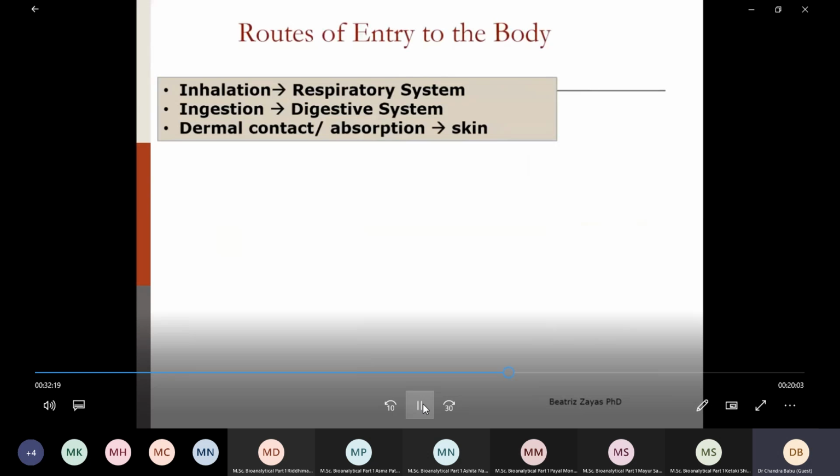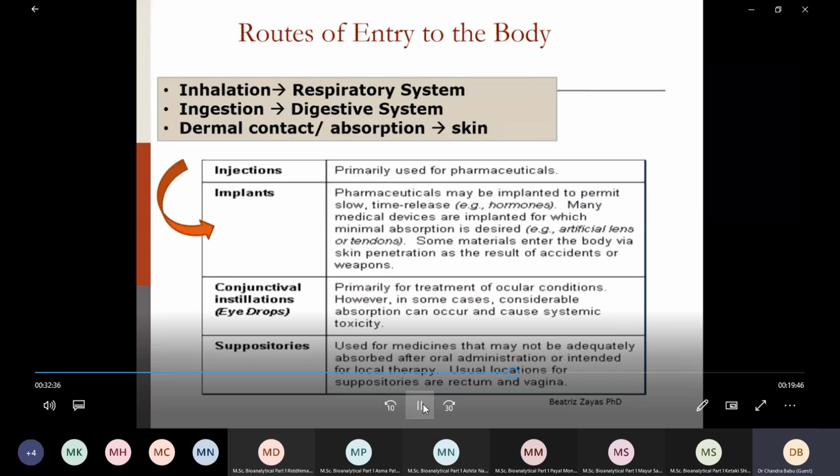When we talk about routes of entry, specifically in the environmental field, there are three: inhalation to the respiratory system, ingestion to the digestive system, and dermal contact through the skin. If you're interested more in the pharmacology area, there are also other routes of entry to the body, such as injections, implants, eye drops, and suppositories.